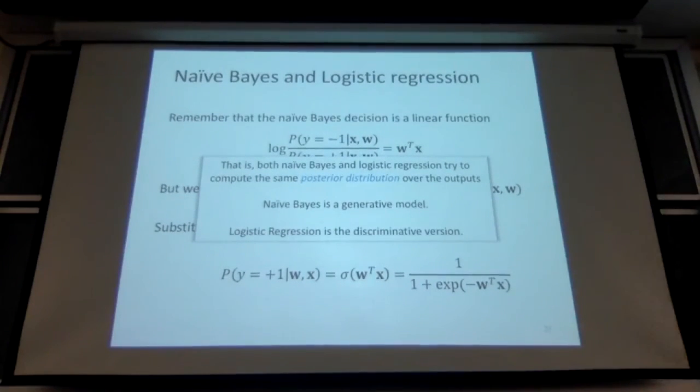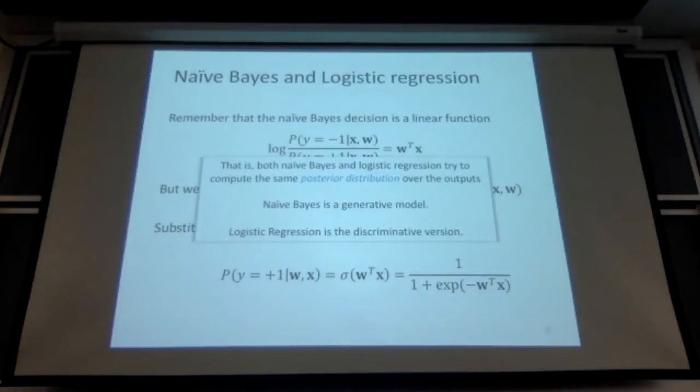In fact, these two are called a generative discriminative pair. This is the classic example of such a pair. There are other examples too, but this is the one most commonly used when people want to compare generative and discriminative models.